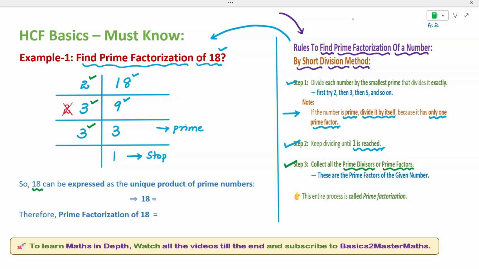So, 18 can be expressed as the unique product of prime numbers 2, 3 and 3. Therefore, prime factorization of 18 is 2 multiplied by 3 multiplied by 3.